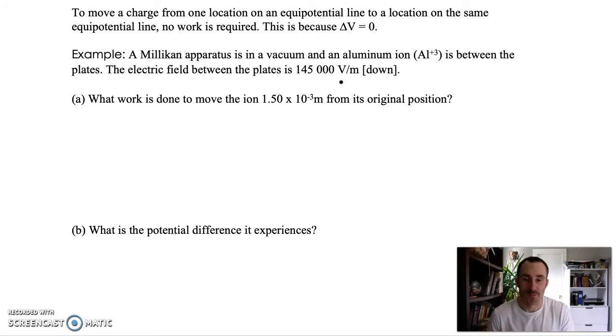So, volts per meter. Volts is joules per coulomb. If you remember, it's electric potential energy divided by charge. So that would be joules divided by coulombs per meter. This is actually the same as joules per coulomb times meters. Now joules, remember that's energy or work.